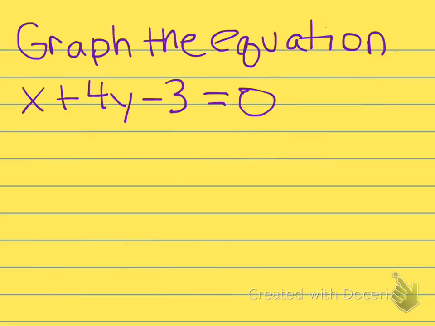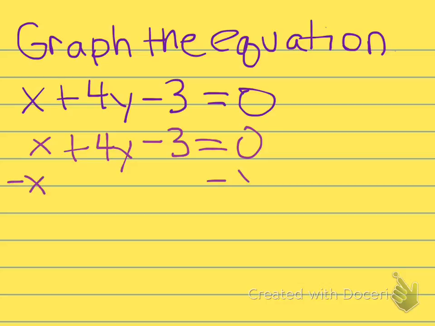Next, we're asked to graph the equation. So we want our equation to be in slope-intercept form so that we can find our ordered pairs. So we're going to put this in slope-intercept form. We need to take the x away because we don't want that to be with the y.